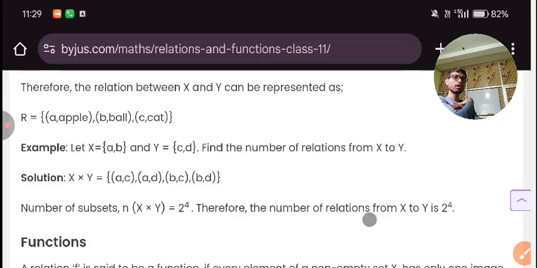Therefore, the number of relations from x to y is 2 raised to power 4, which is 16. It is also taking what? (c, a), (d, a)? Number of subsets, this much.